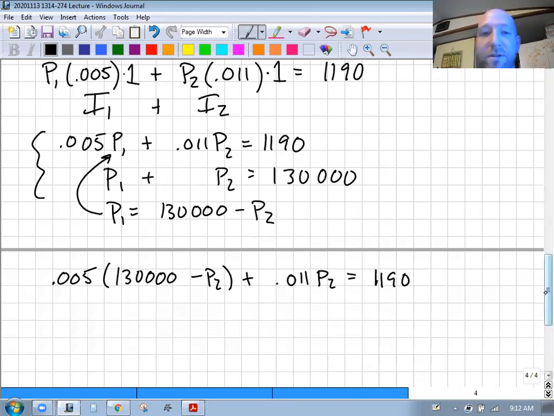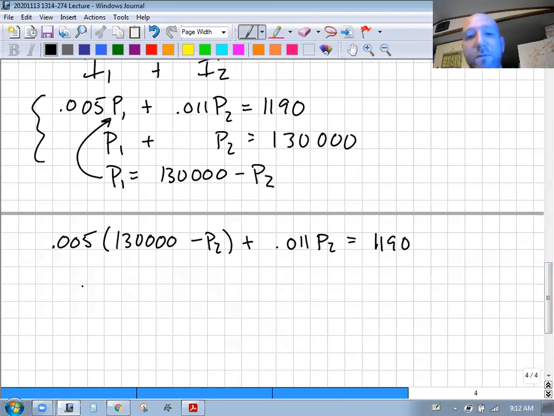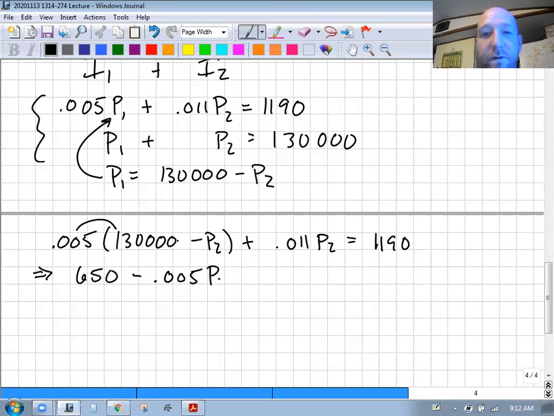So that's just substituting. So if we multiply this guy through, let's see, 130,000 times 0.005, 650. And multiply through there.